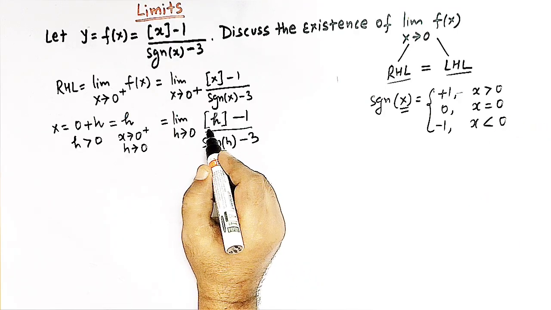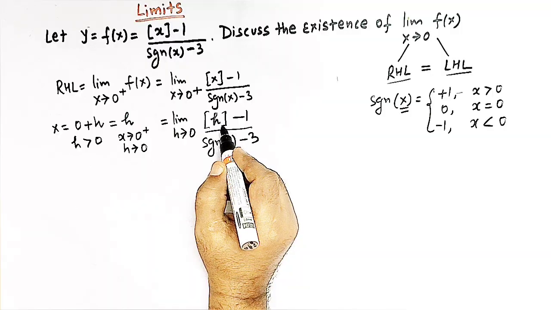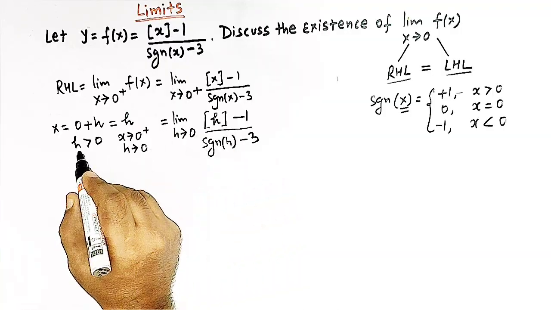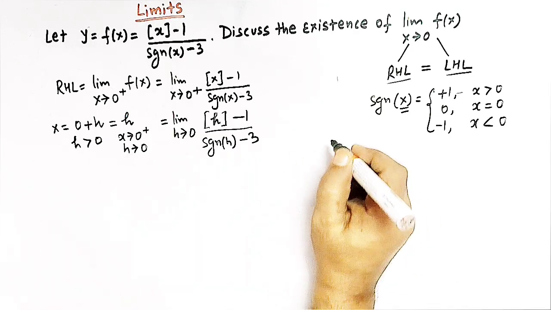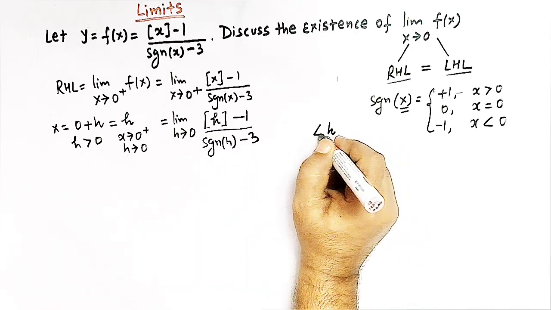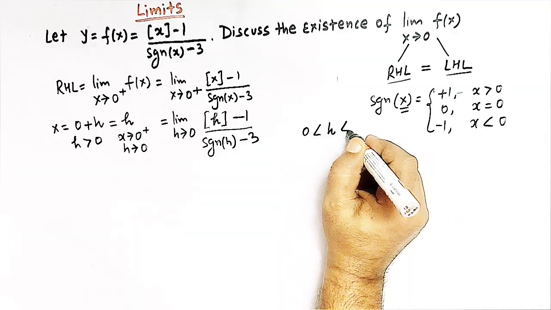So now here we have greatest integer of h, right? And h is infinitesimally a very small quantity, but it is positive, and it lies between 0 and 1.